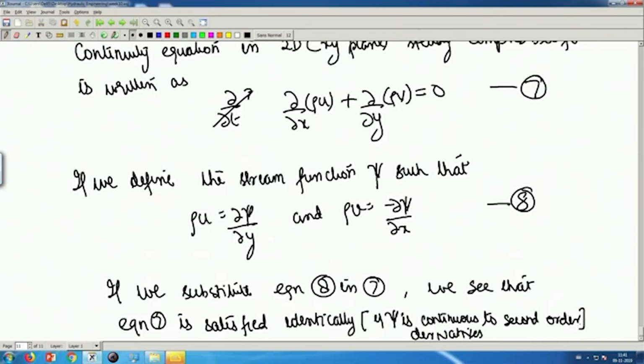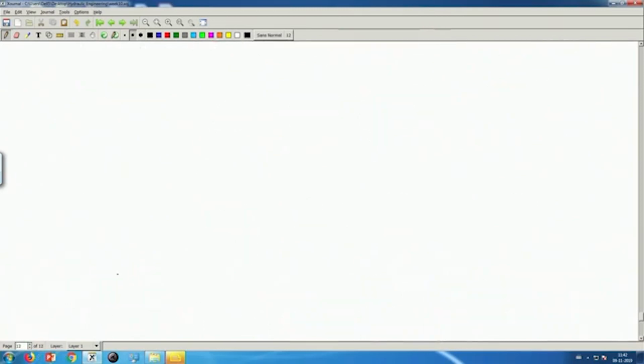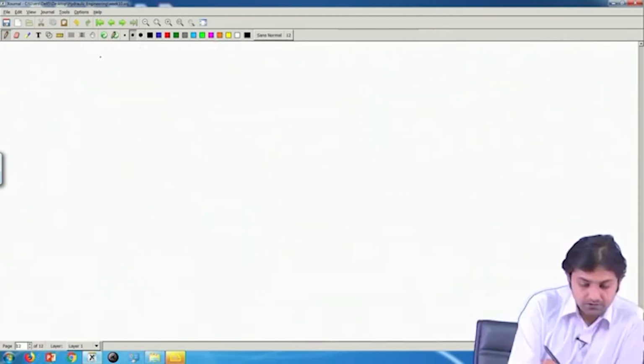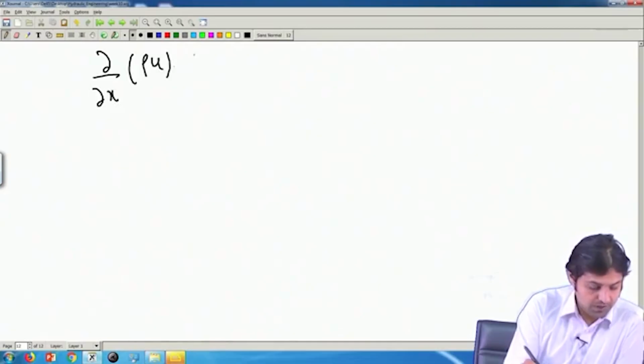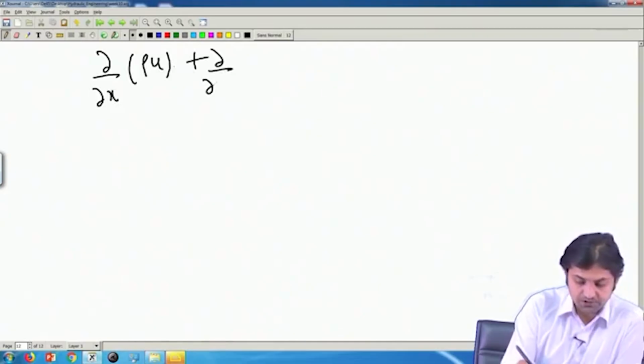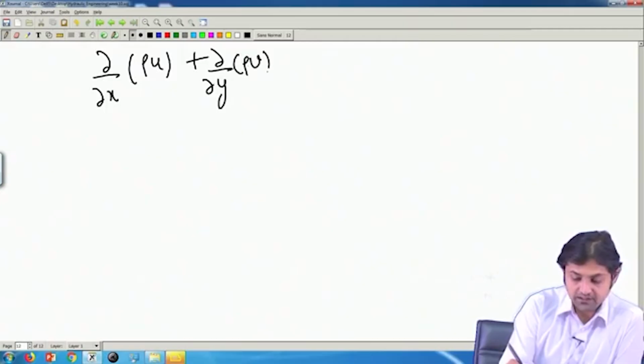derivatives. Before we conclude, I would like to just look at how. So del x of rho u, why, how is it satisfied identically?